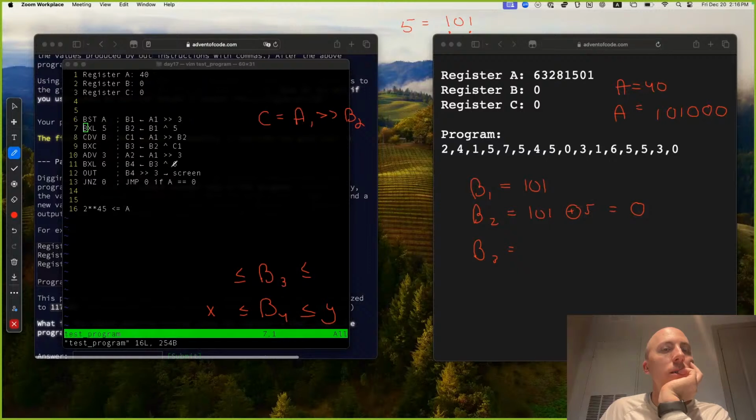So B3 is greater than or equal to x minus 6, y plus 6.